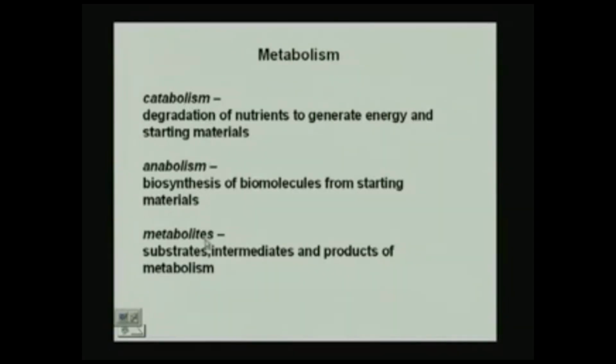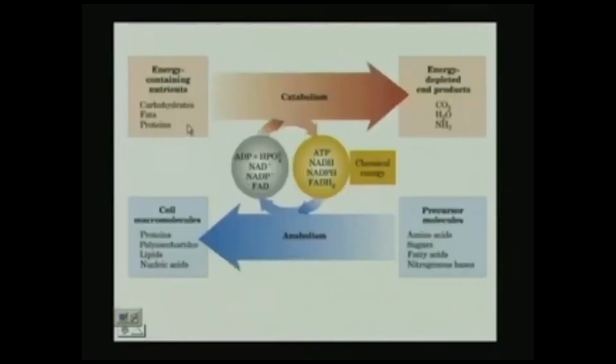The metabolites that take part in these processes are substrates and intermediates, and of course there will be a large number of enzymes that are part of the whole system. If we look at this whole picture, and I'll show you another one also where we'll see how the whole process takes place, we have energy-containing nutrients that we take in our diet: carbohydrates, fats and proteins.